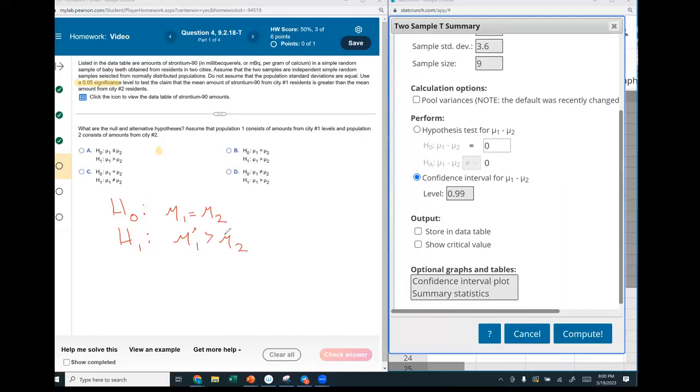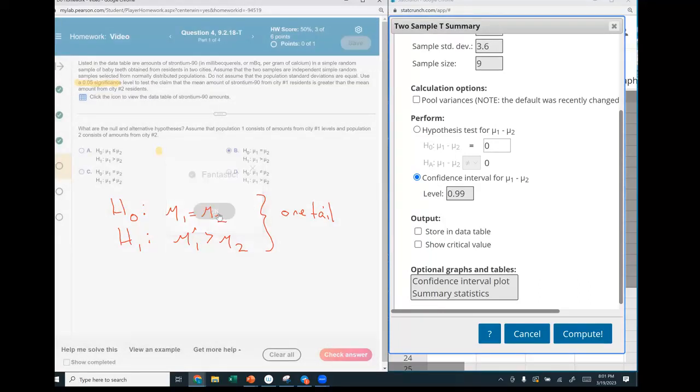Is this a one-tail test or a two-tail test? This is a one-tail because we're greater than. We're not looking at the left side, we're only looking at the right side. So we want to pick the right one: mu1 equals mu2, mu1 is greater than mu2. Perfect. Check answer.